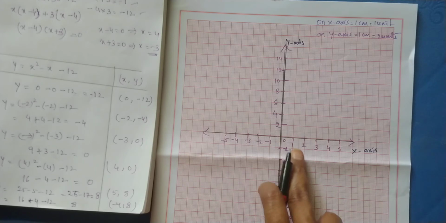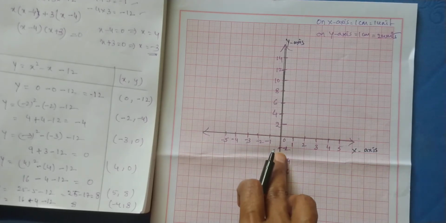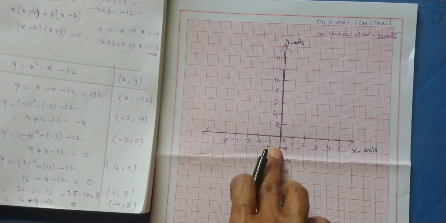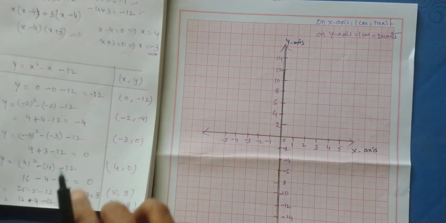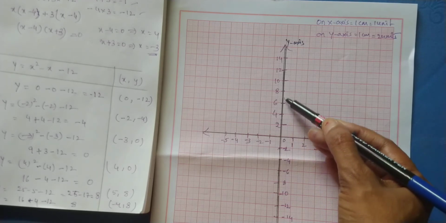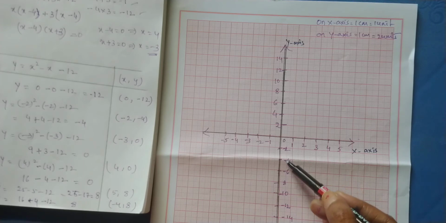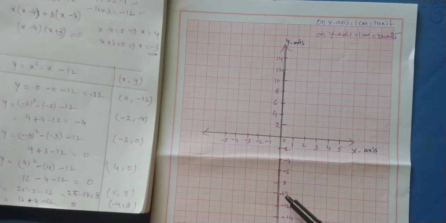We have taken the points on the x-axis 0, 1, 2, 3, 4 and so on, and on the other side -1, -2, -3 and so on. On the y-axis we have taken 2, 4, 6, 8, 10, 12 and so on, and the other side is -2, -4, -6, -8, -10, -12 and so on.